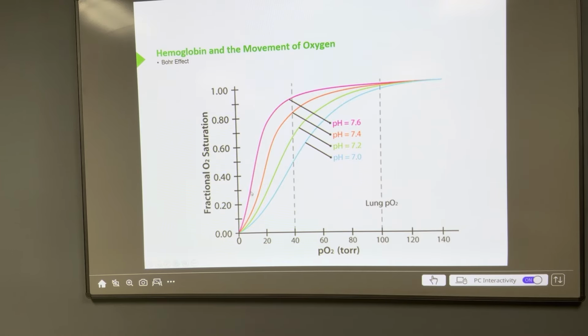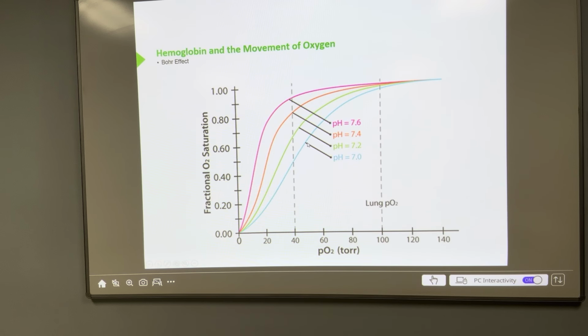If the pH is 7.6 and the partial pressure of oxygen is 20, you will see that the oxygen saturation of hemoglobin is 0.2. At the same partial pressure of 20 at the more acidic pH, you move up here and see 0.6.